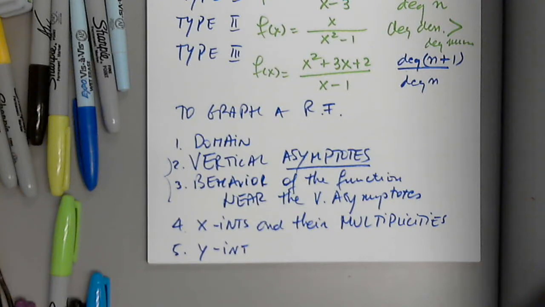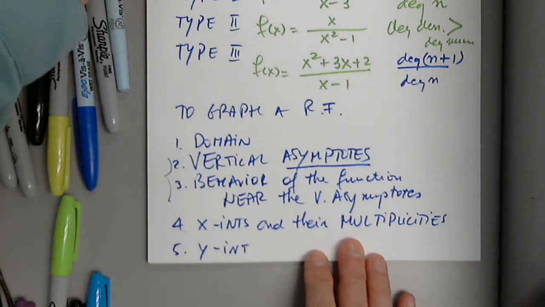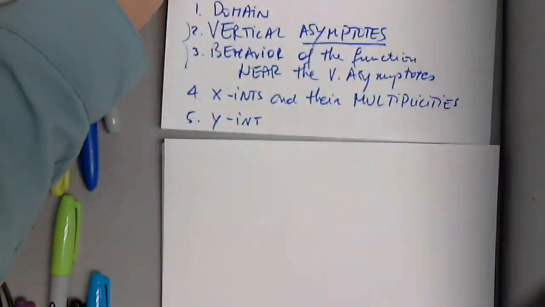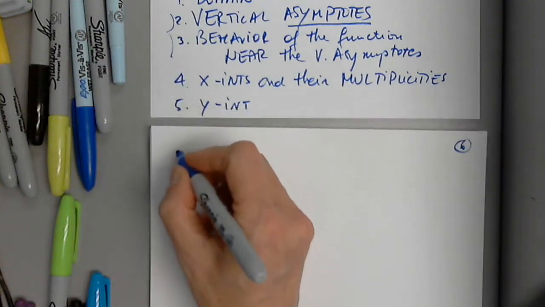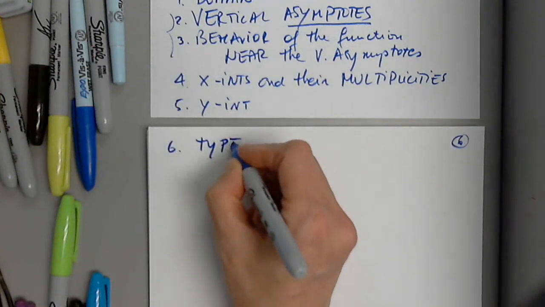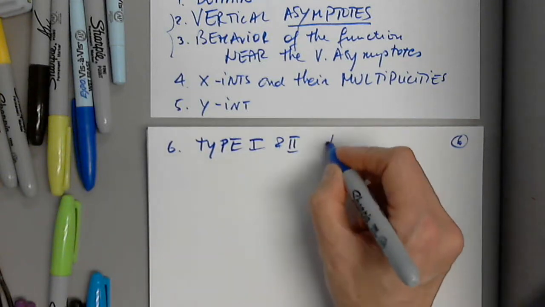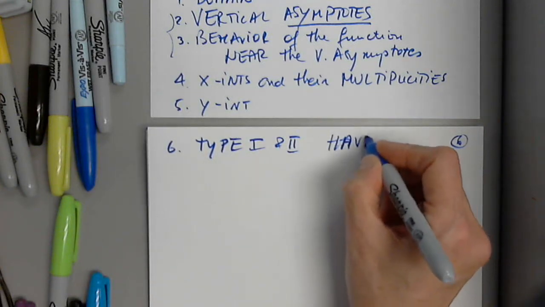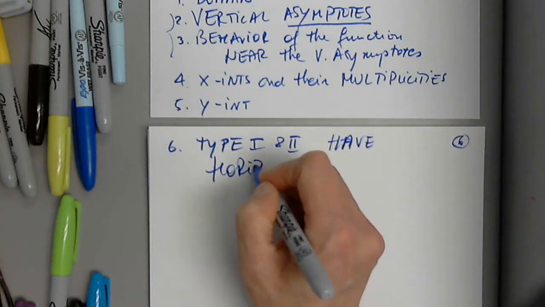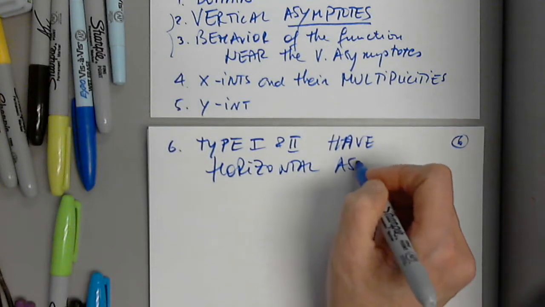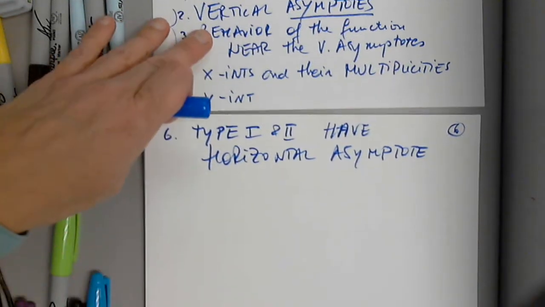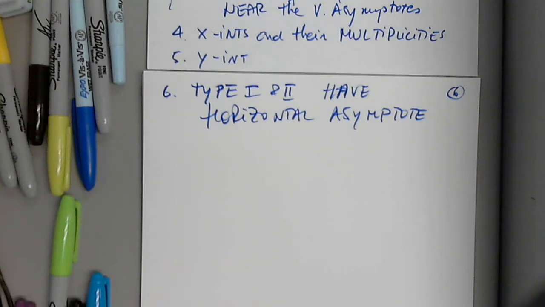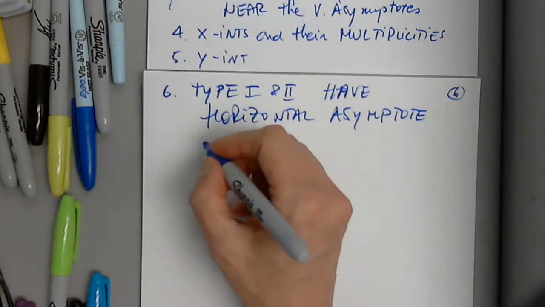Of course, x-intercepts and their multiplicities, and y-intercept. Number 6, type 1 and 2 have horizontal asymptote. Type 3 does not. Type 3 has slant asymptote.